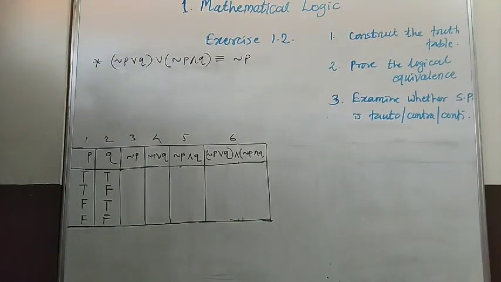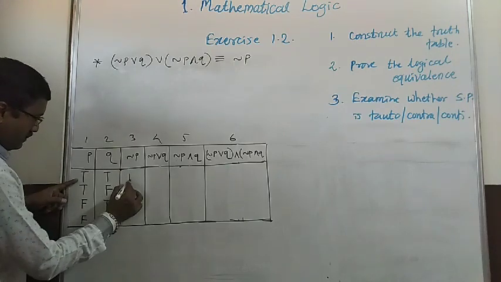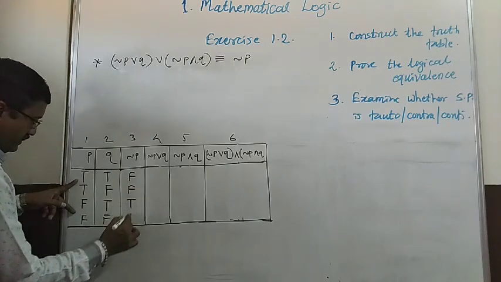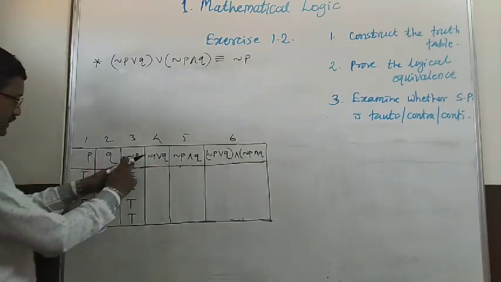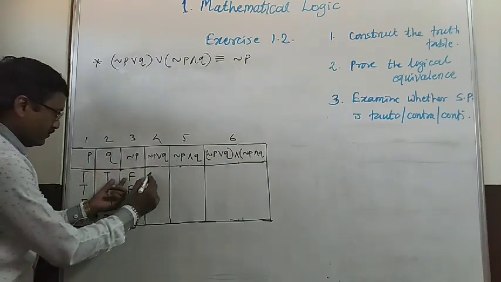Let us complete this truth table. Here negation P obviously gives F, F, T and T. Then negation P or Q, the disjunction of these two.